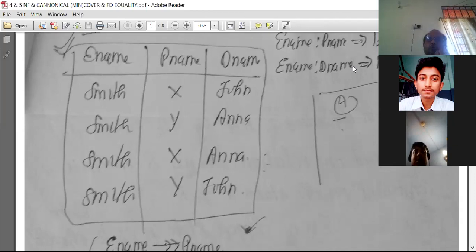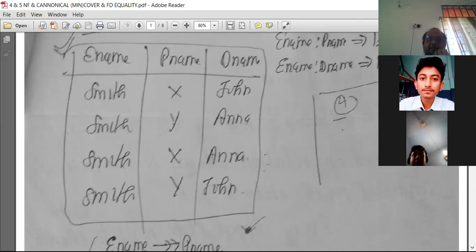Now, this theory question is coming in your exam. I'm saying that if two or more such dependencies are there, then that table is not in 4NF. That means multi-value dependency is present in that table.